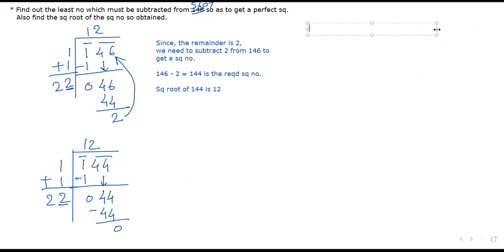So write down the solution. Let's apply the long division method for 5607. So tell me, how are we going to apply it for 5607?